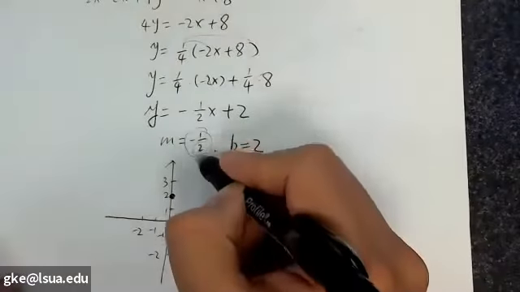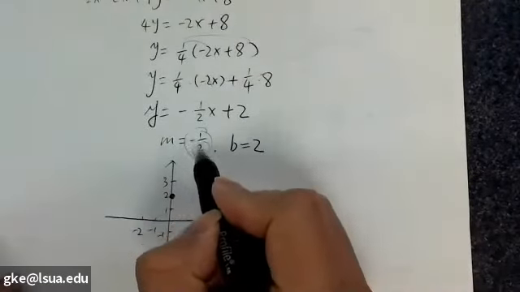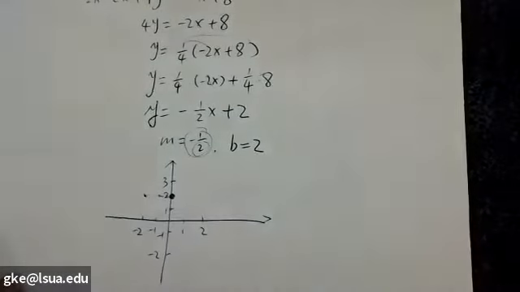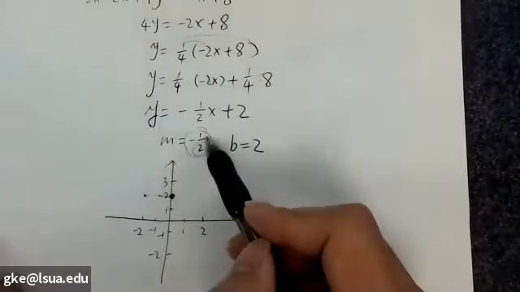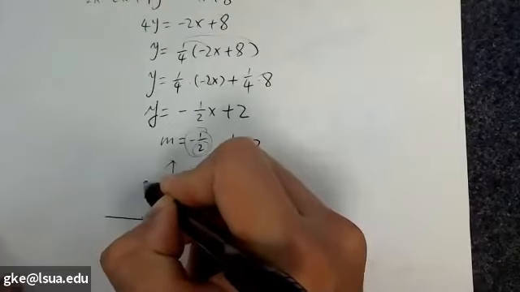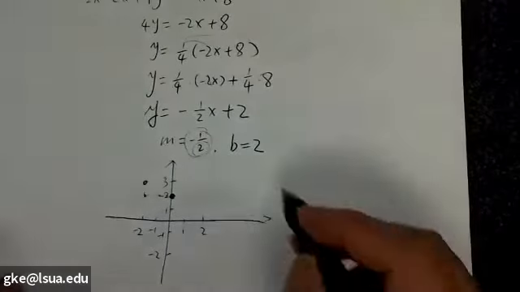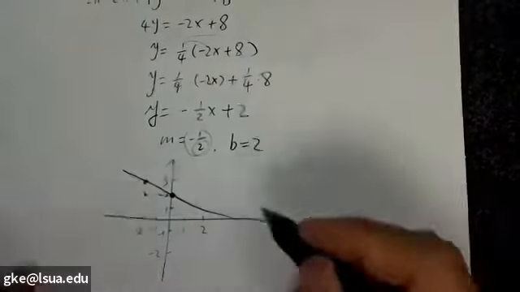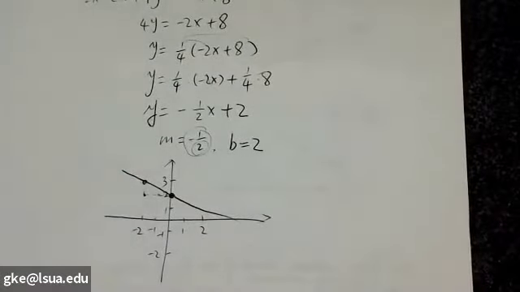So the denominator is 2, so we're gonna move backward 2 units, and the numerator, that is 1, upward. Move upward 1 unit. And then we connect these 2 points. Okay, that's it.